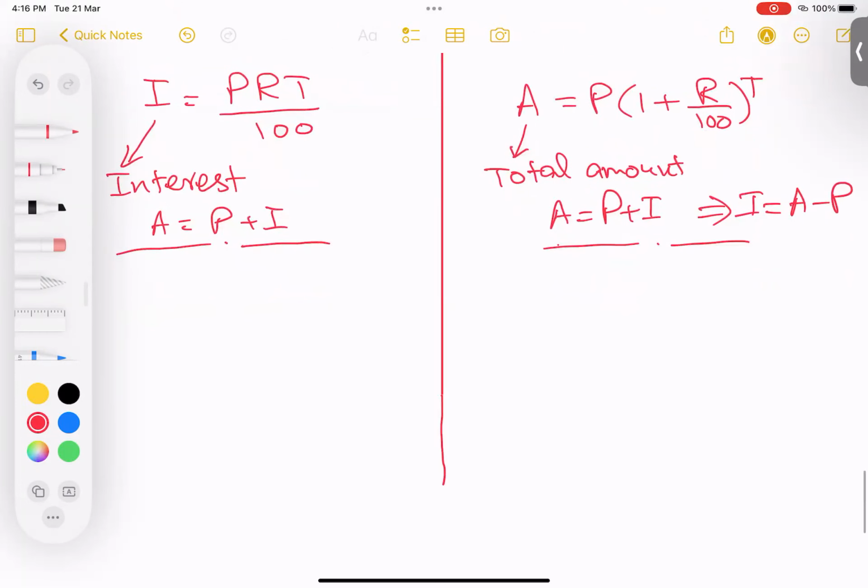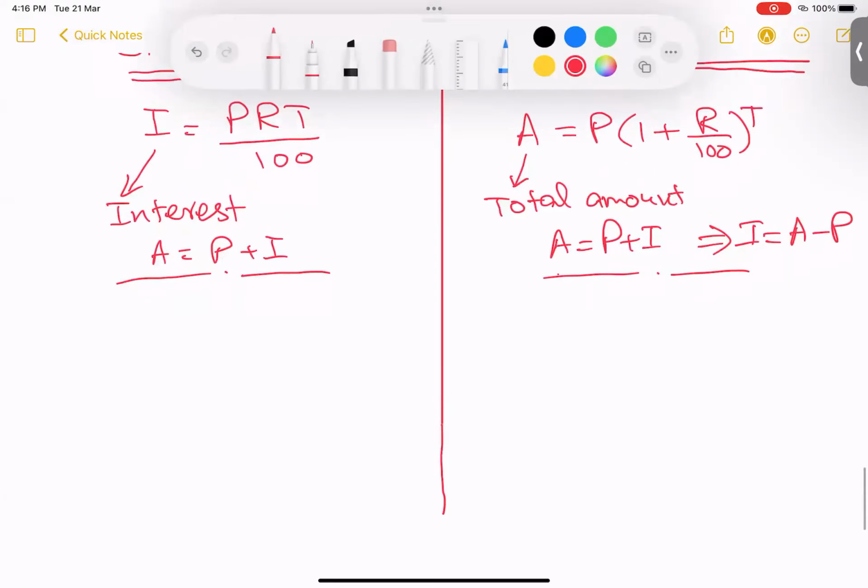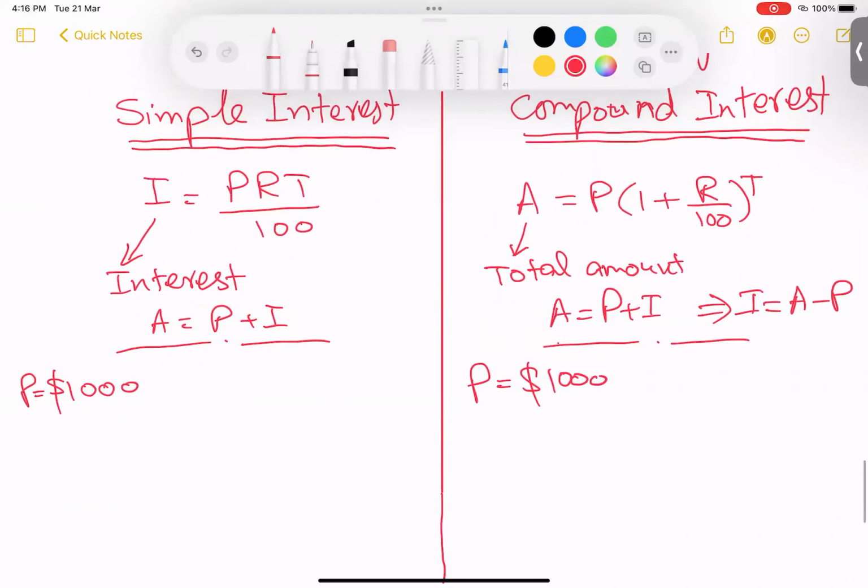Let's say you invested $1,000. You invest $1,000 for both: simple is 1,000 and compound 1,000. Inshallah, you will find the difference.